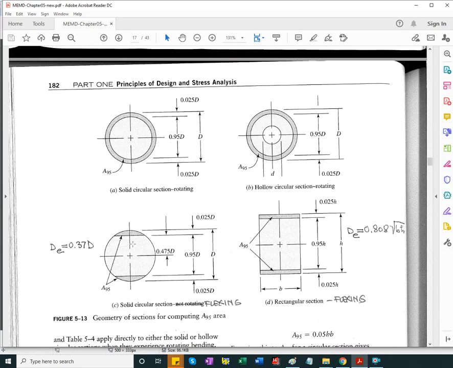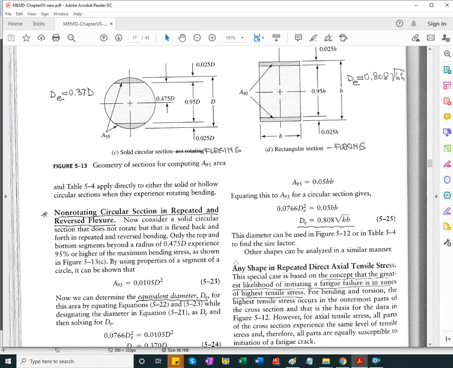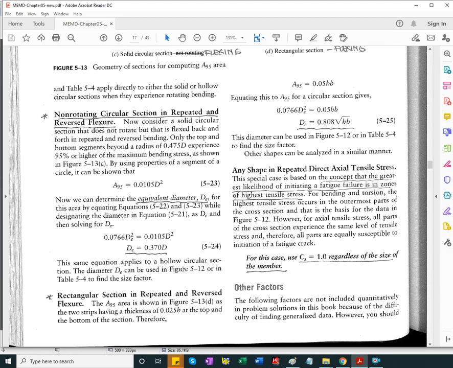For example, for a round that is bent, the equivalent diameter is 0.37 of the nominal maximum diameter. If it's rectangular, the equivalent diameter is 0.808 square root of width times h. And it explains how these have been derived.